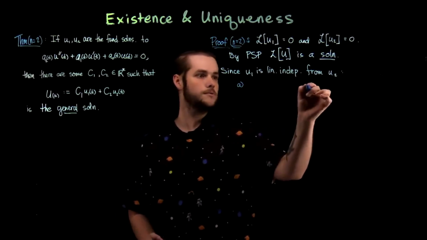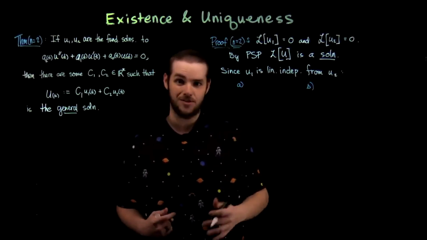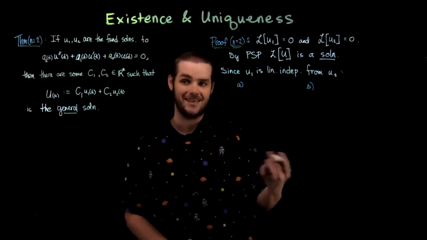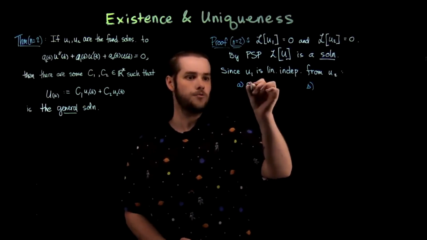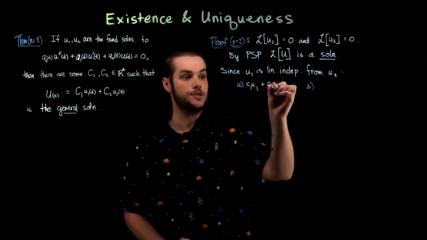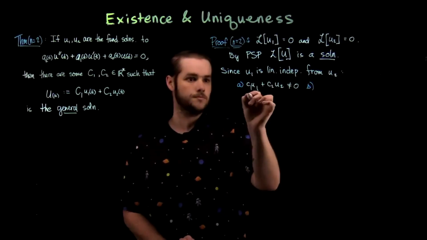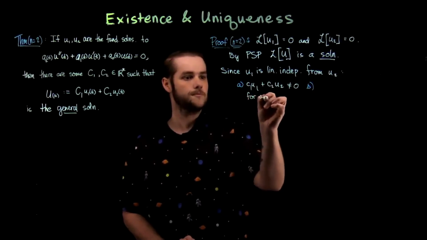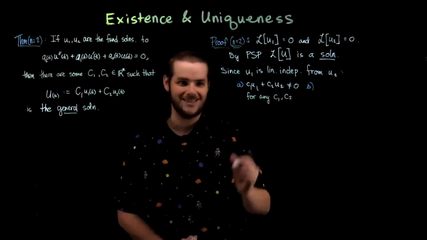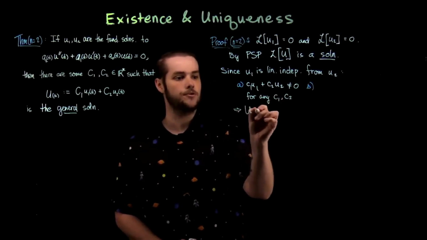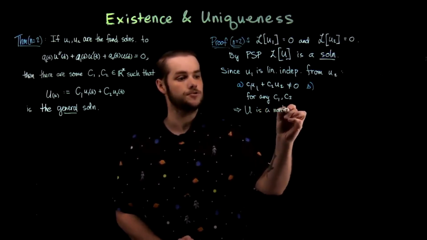First of all, I know that I cannot take a linear combination that adds to 0, or at least adds identically to 0, right? So any C1U1 plus C2U2 is non-zero. And that's important because this tells us capital U is a non-trivial solution.